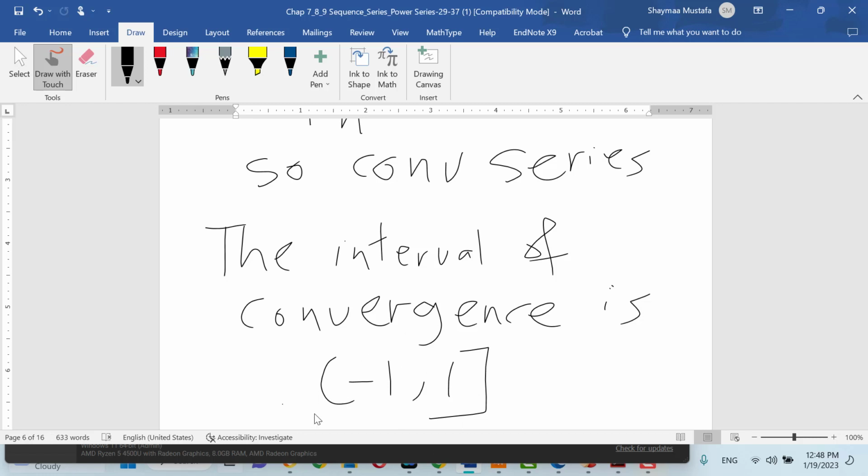So it is from minus 1 to 1. First step, we apply the ratio test or root test to find the interval of convergence, and then we check the boundary as a separate case, to see if the endpoints of the interval are included or not. In our example, minus 1 is not included, but at x equal to 1, the series converges.